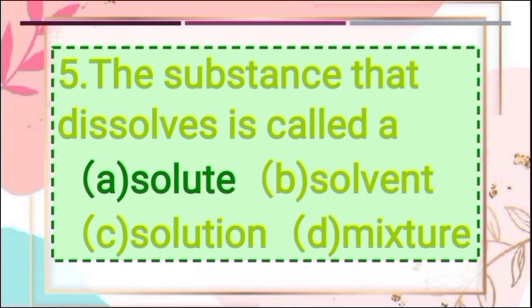Because the substance that dissolves is called solute, whereas option B is solvent, which means the substance in which the solute dissolves is called solvent, and option C is solution, which is formed when two or more substances mix together, meaning that it is a mixture of solute and solvent.